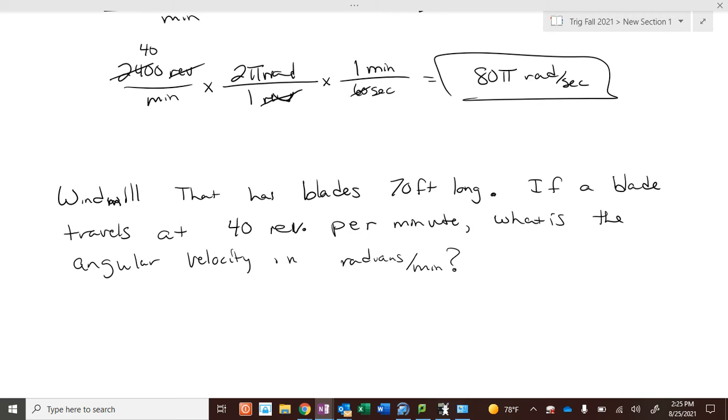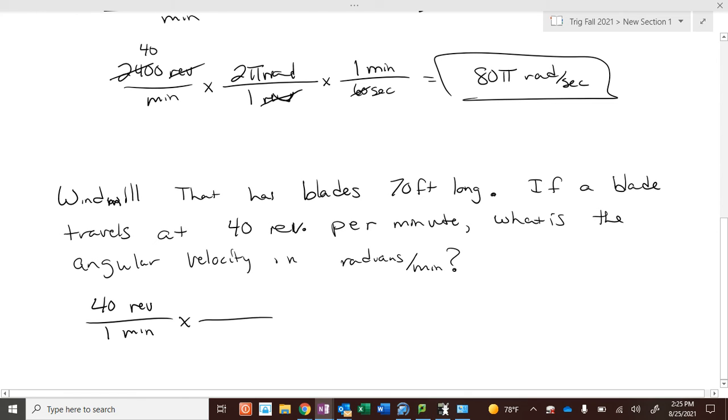All right, so let's figure this out. I have revolutions per minute, 40 revolutions over 1 minute. So that blade goes around that windmill 40 times in 1 minute. So it's a windy day. Okay, the wind is blowing pretty hard for that thing to go around that many times. How do I change that into radians per minute?